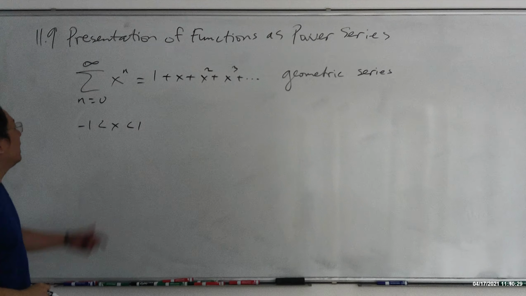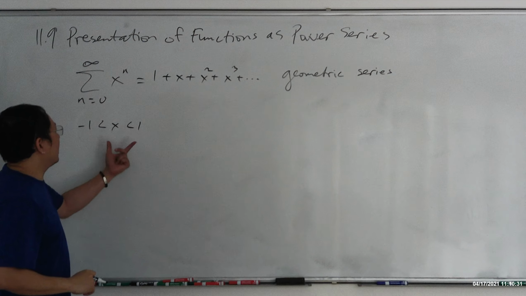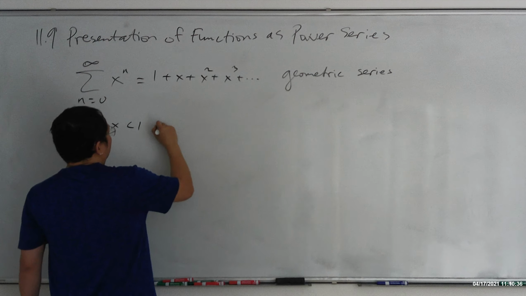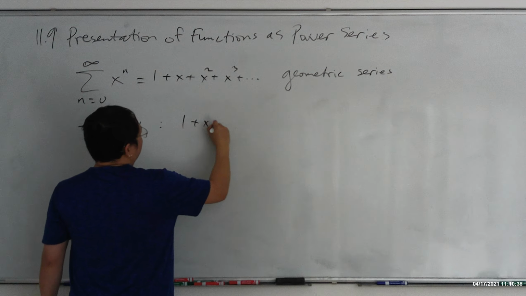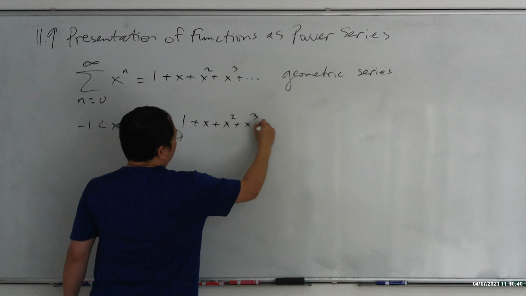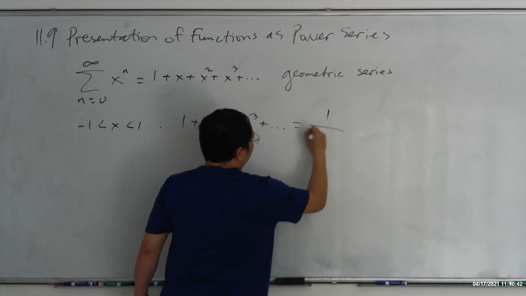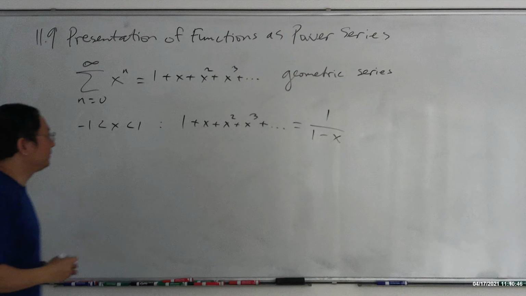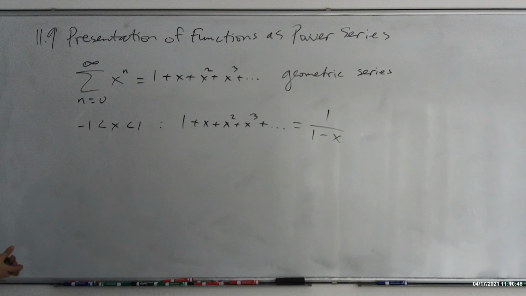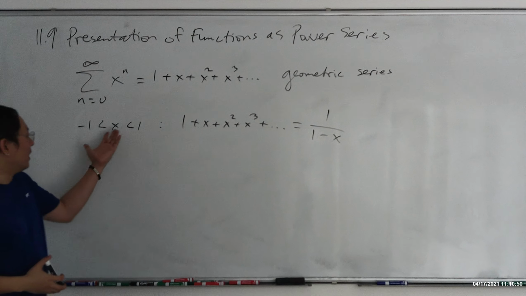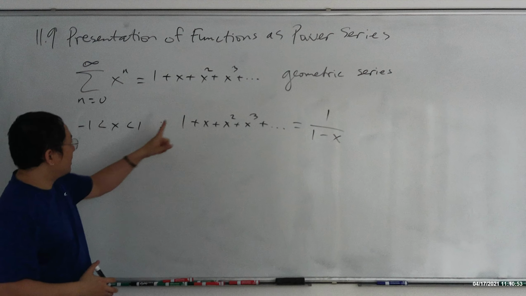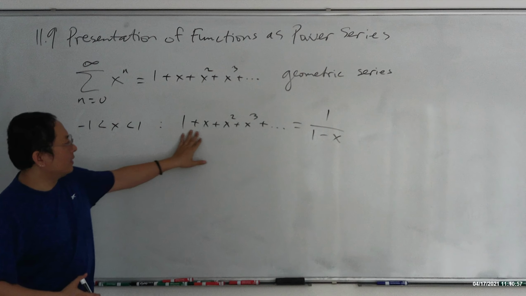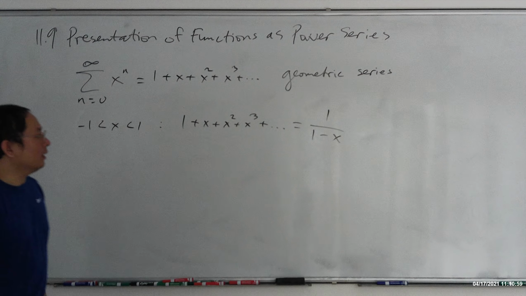And when x is between -1 and 1, that series will be equal to 1 over 1 minus x. That's what we learned before. When x is between -1 and 1, center at 0, radius 1, not including the endpoints, then this series will be convergent.